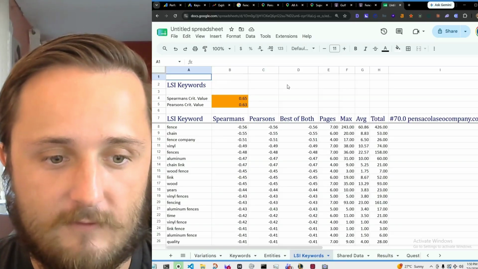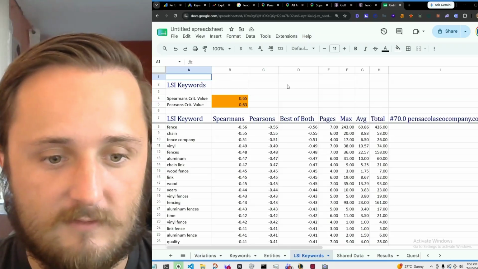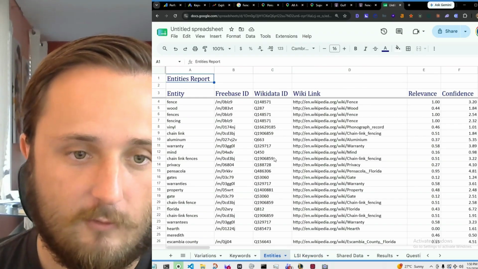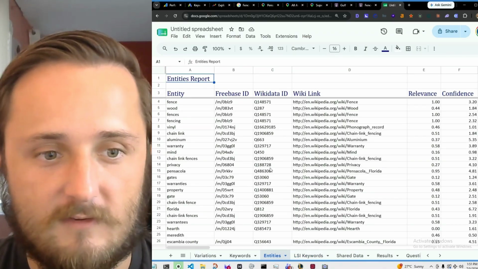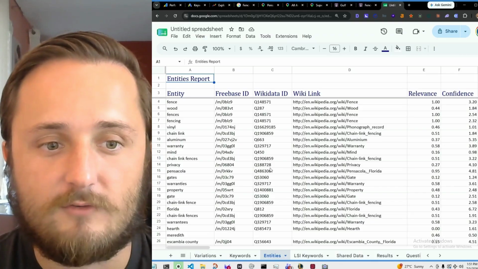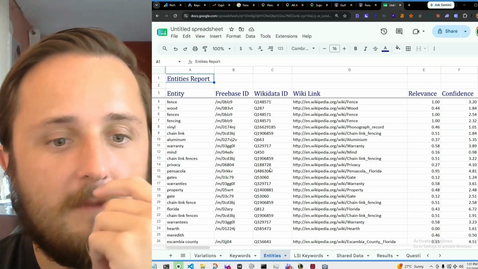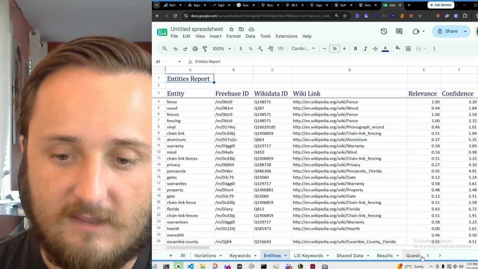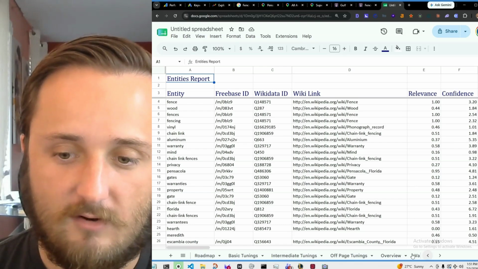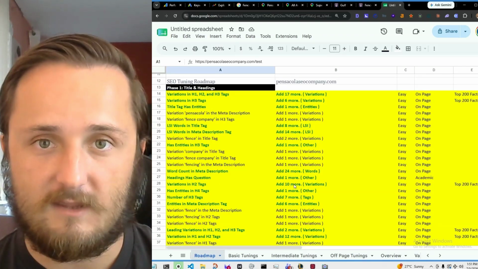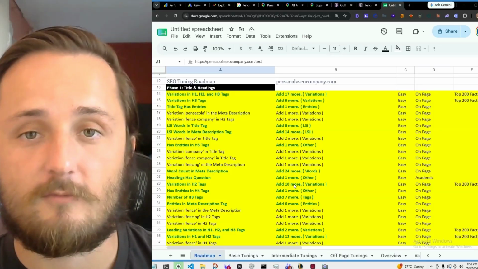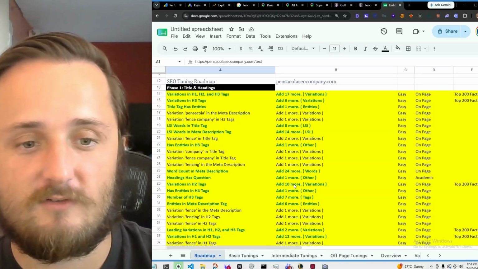You've got vinyl fences, fencing, aluminum fences. And then also the entities I would use on page. You've got fence, wood, fences, fencing, vinyl, chain link, aluminum, warranty. And so taking all of this information and all of these variations and placing them on page is what's going to help us rank this service page to the top.